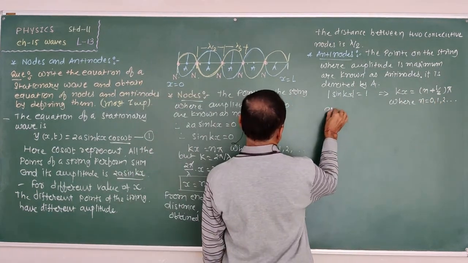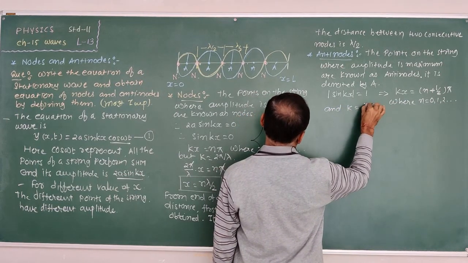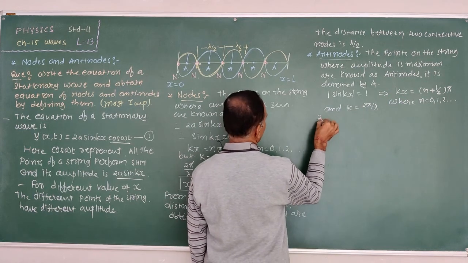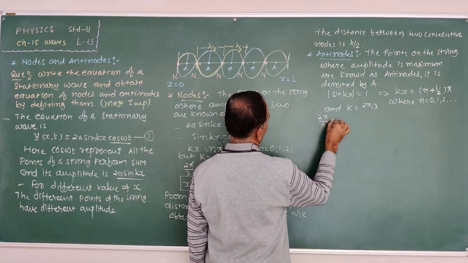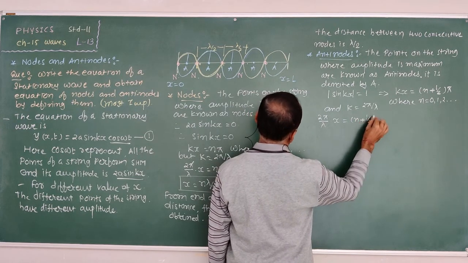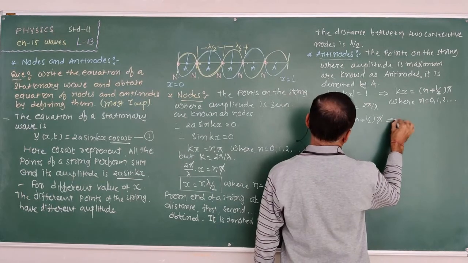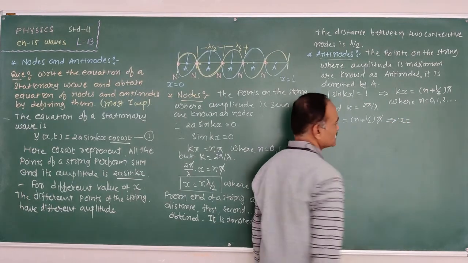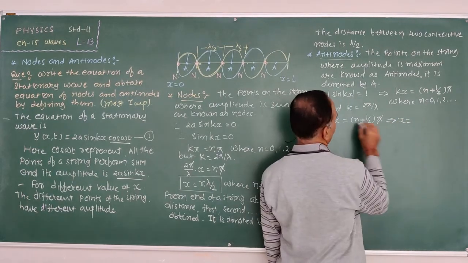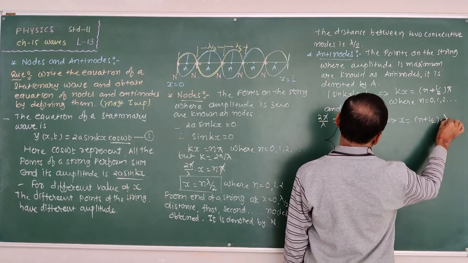And also we know that k is equal to 2 pi upon lambda. Therefore, 2 pi upon lambda into x is equal to n plus 1 by 2 into pi. Pi cancels. Therefore, the equation of antinode is x is equal to n plus 1 by 2 into lambda by 2.